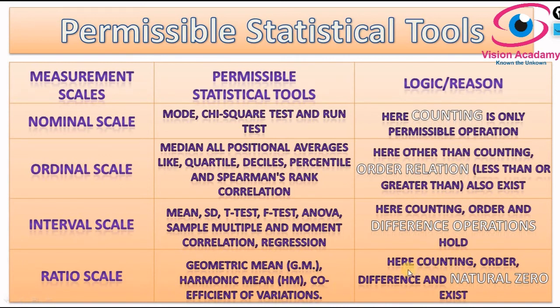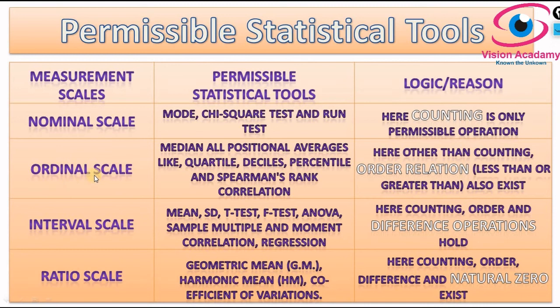In the ratio scale, along with counting, order and difference, we can also hold a natural zero. I have listed here permissible statistical tools. In the nominal scale, we can calculate mode, chi-square test and run test. And it is not applicable in ordinal scales in the sense that the statistical tools permissible in nominal scales are also permissible in ordinal scales.